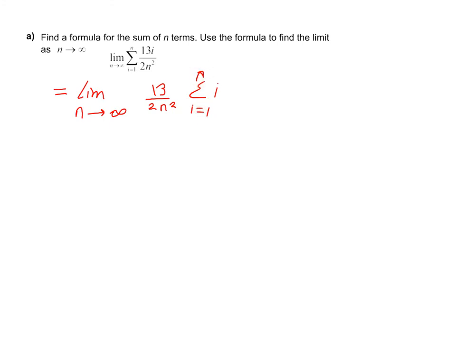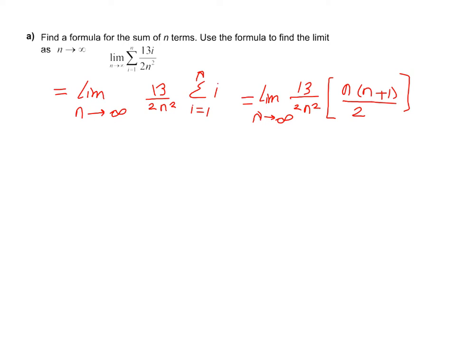The only variable here is i, which equals limit as n approaches infinity of 13 over 2n squared. What is the sigma of i? Sigma i is n times n plus 1 all over 2. This is sigma i.